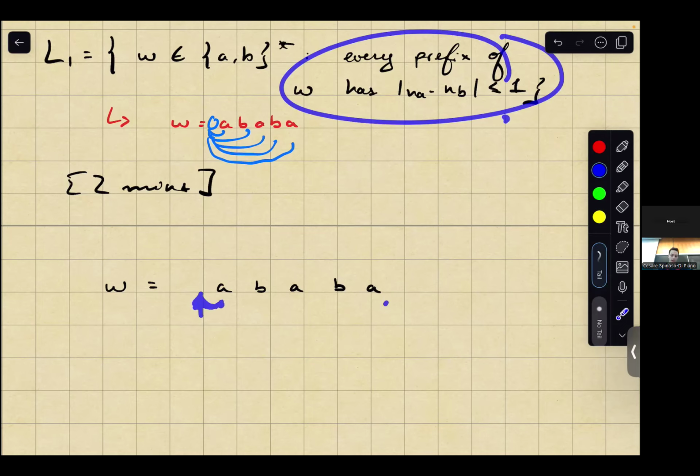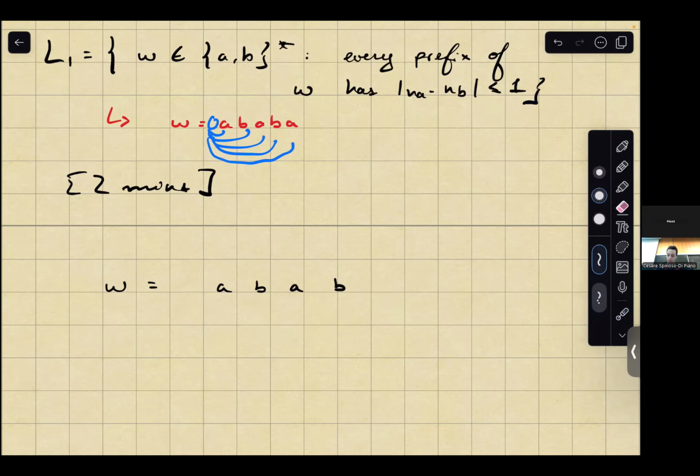So you see this first A. That tells you that there's a surplus of one A in the first prefix. Now you see this B, and I had a surplus of one, now it goes back down to 0. Then I see this A, and I have a surplus of one. Then I see this B, and I go back to 0. Imagine here I had a B now.